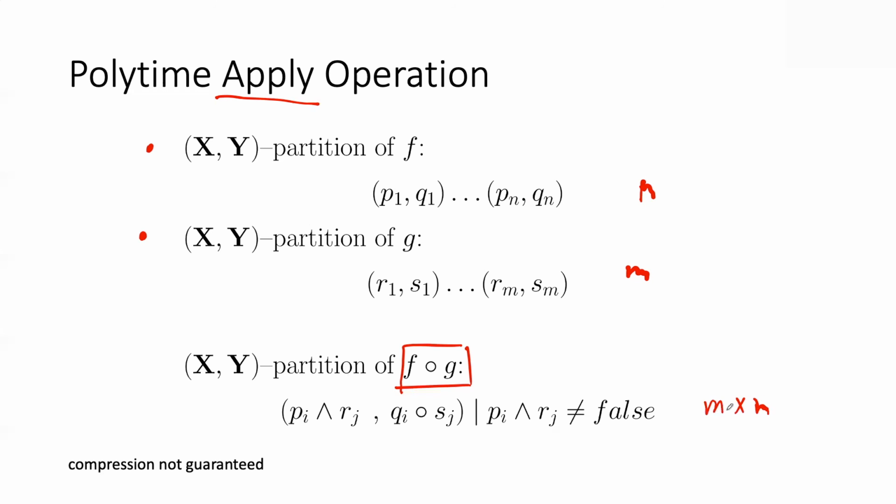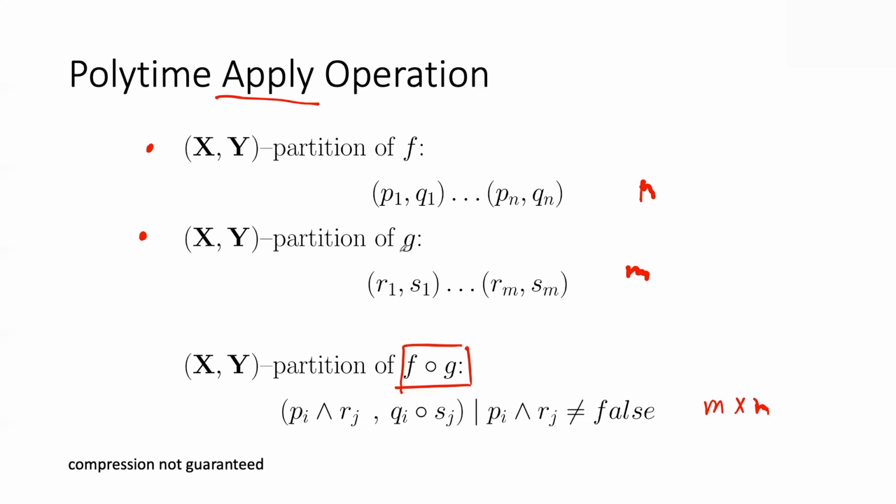Effectively we're taking the Cartesian product of these two and throwing away the members that have incompatible primes. And the observation is, this is a simple way to construct an XY partition for this from the XY partitions for this and that. That ends up being the basis of the apply operation. And the rest is very similar to the OBDD, and you have to cache and so on.